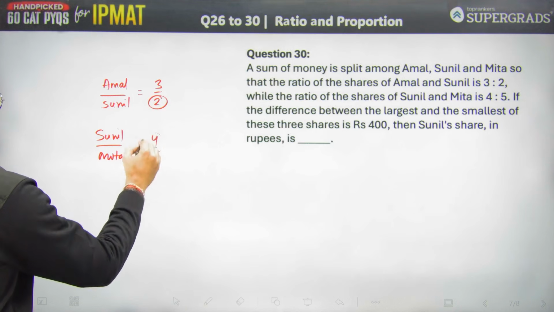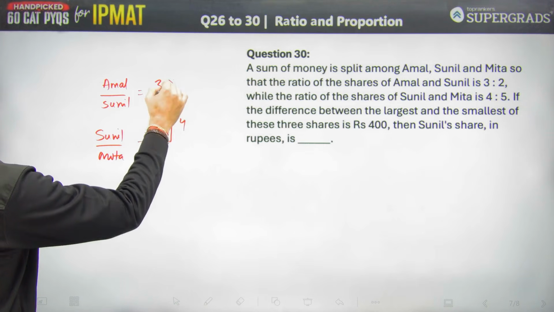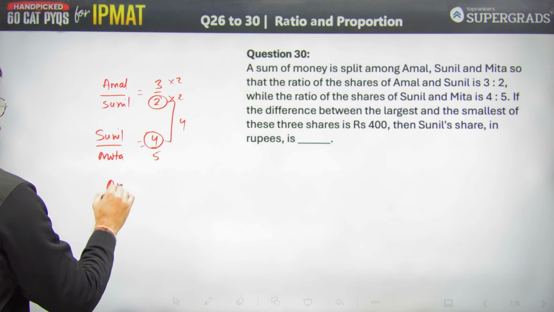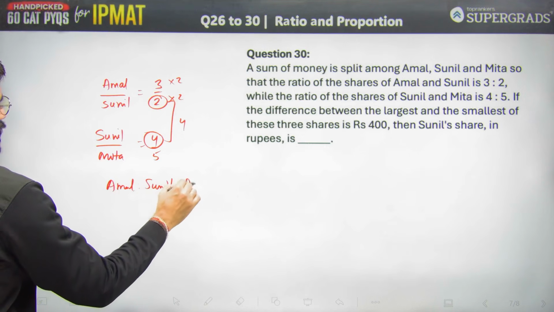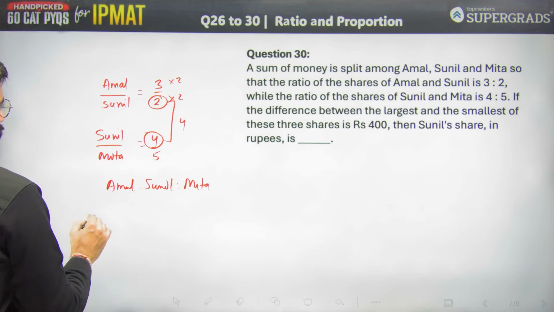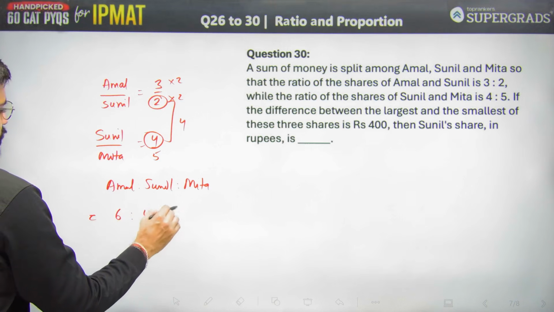This is 2, this is 4. I can make this as 4. If I'm making this as 4, multiply by 2, multiply by 2. So Amal is to Sunil is to Meeta is equal to 3 into 2, 6 is to 4 is to 5.